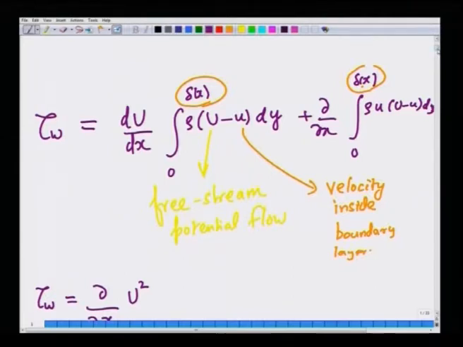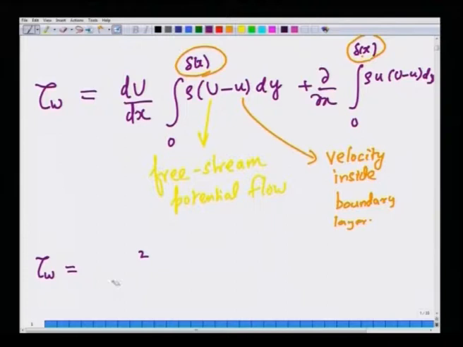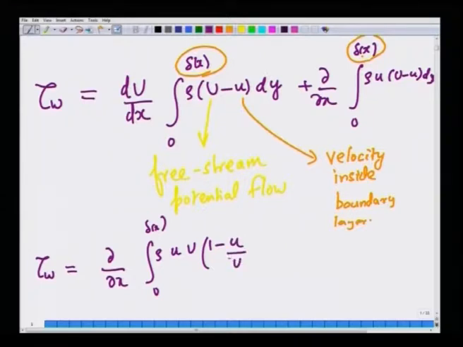I am going to pull out capital U here. So, I get, let us take the second term first, d dx of integral 0 to delta of x rho u capital U times 1 minus u by capital U, and that is the first term, and dy, sorry, that is this term.